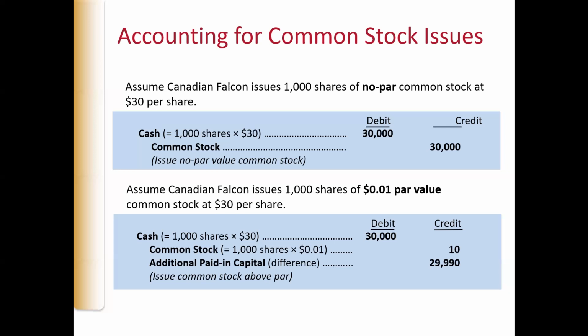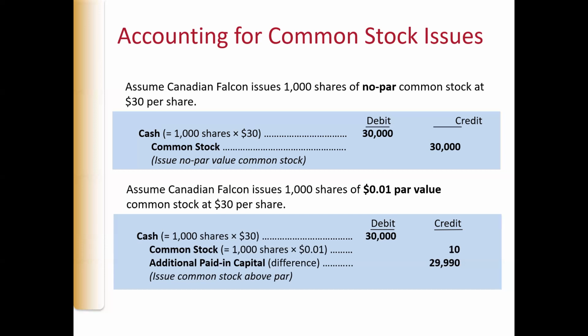So in this example, when Canadian Falcon issues 1,000 shares of 1 cent par value common stock at $30 a share, of course, we're going to debit our cash the same. But look, guys, our common stock is 1,000 shares at 1 cent per share.